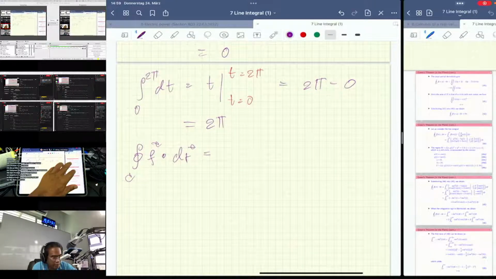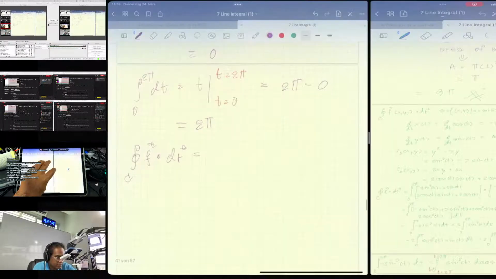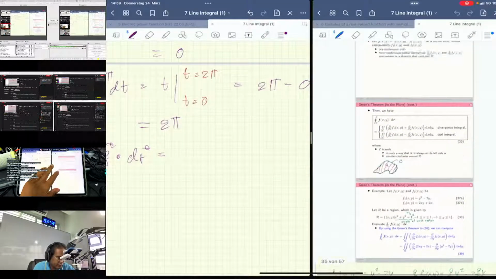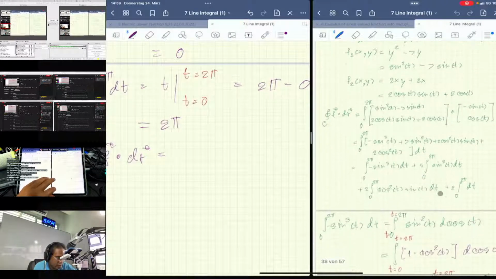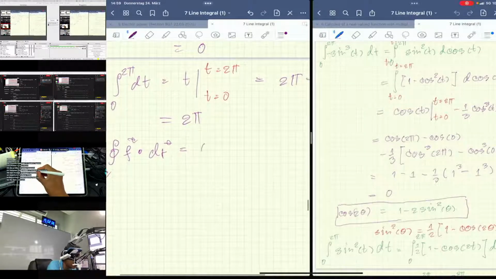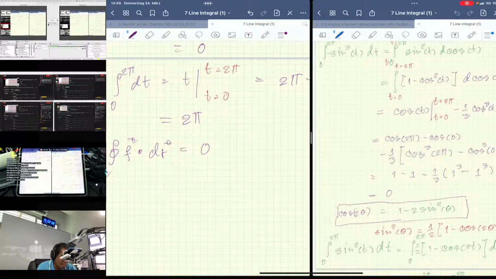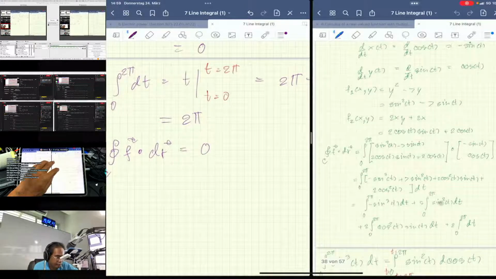Sorry, we need to see it from this one. Okay, the first term here is equal to 0. And the second term, plus 5, right?